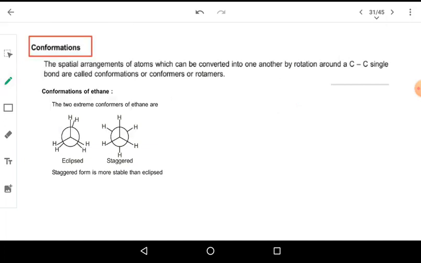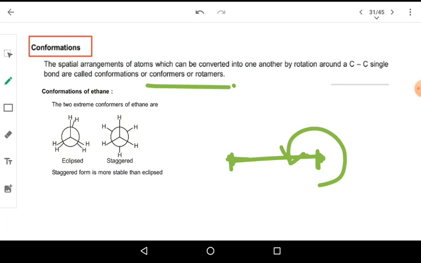That means if I have a carbon-carbon bond, and I rotate this bond, the rotation will result in different structures, or we can say different spatial arrangements. These spatial arrangements are called conformers or rotamers.